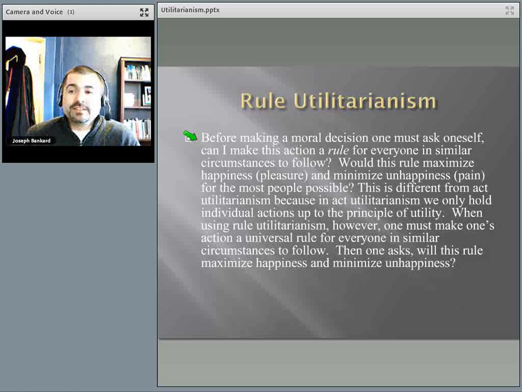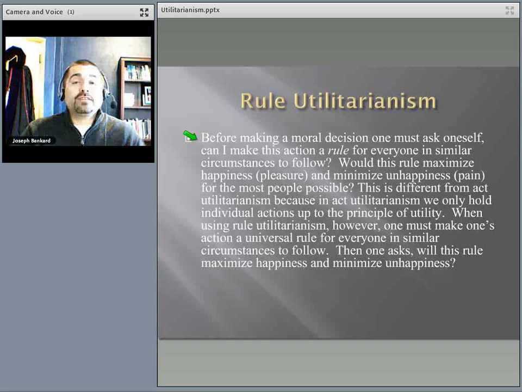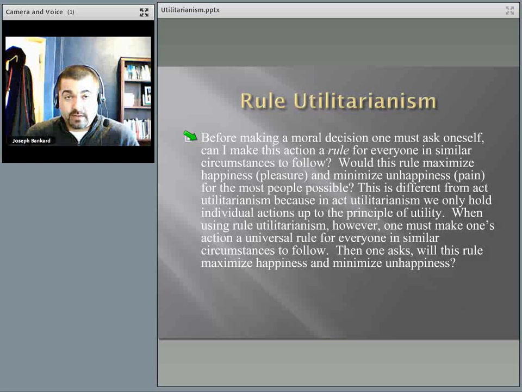This is different from act utilitarianism, because in act utilitarianism, we only hold individual actions up to the principle of utility. When we use rule utilitarianism, however, we make a rule and see if the rule follows the principle of utility. And this is important. I think this is going to be made most clear when we look at examples.